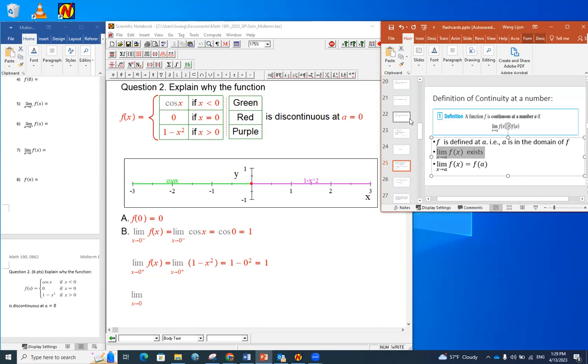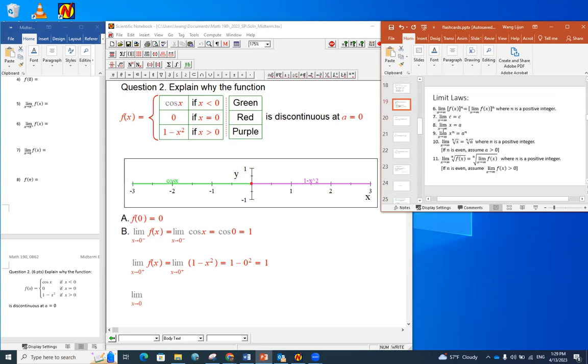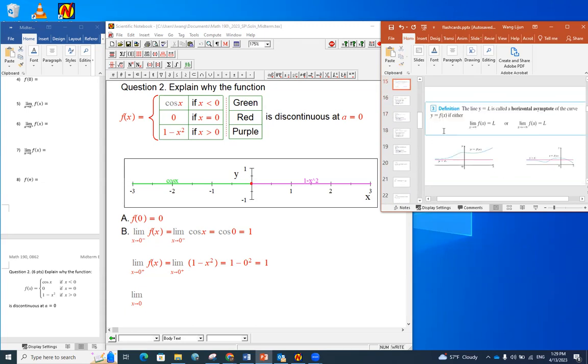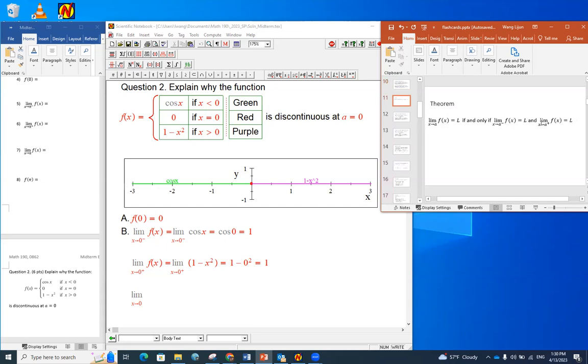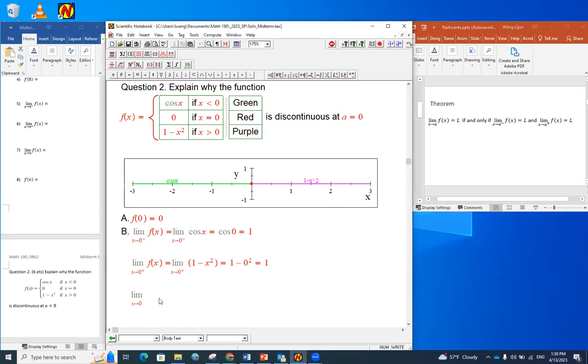We also relate to what we just talked about, the one-sided limits. We're using this theorem to find a one-sided limit, and both sides of the limit are equal. So this limit when x is approaching 0 is 1 because of this theorem.